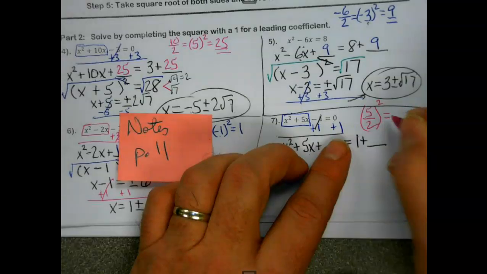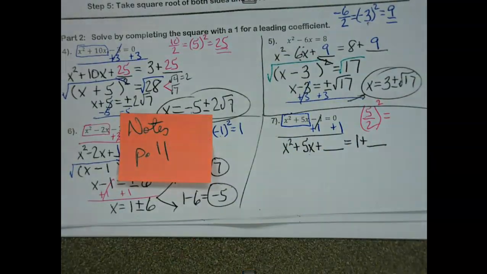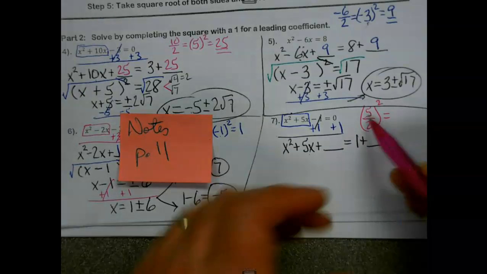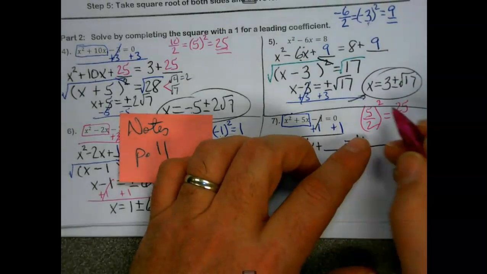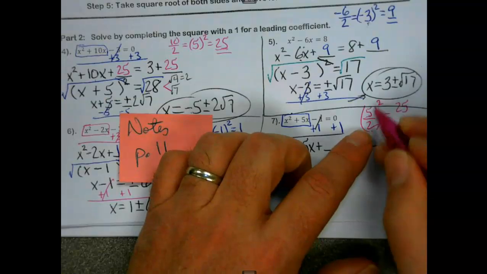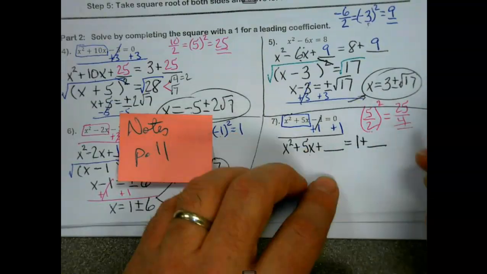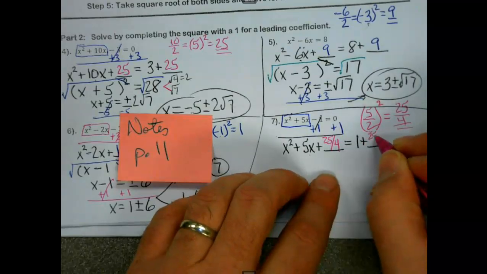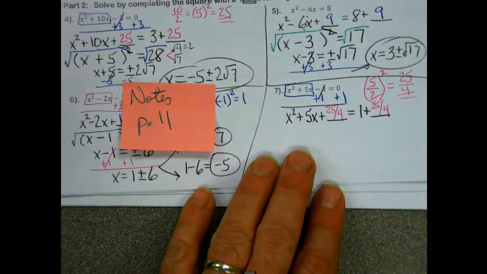Okay, here's what we're going to do. I can square 5. 5 squared, 5 times 5, is 25. I can square 2. 2 squared is 4. You're like, Hardy, what is this crazy thing you're trying to pull?